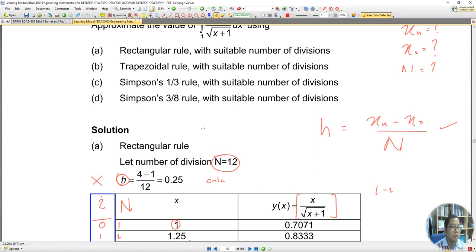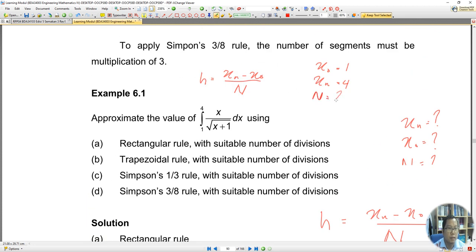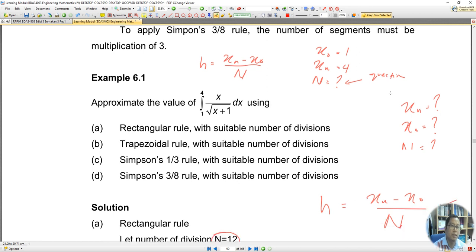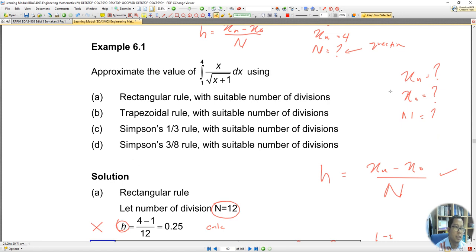Basically, the n number has to be identified in the question. This information, the n number, should be given in the question. Otherwise, you cannot get the h value.